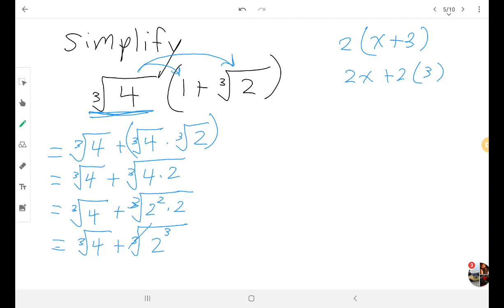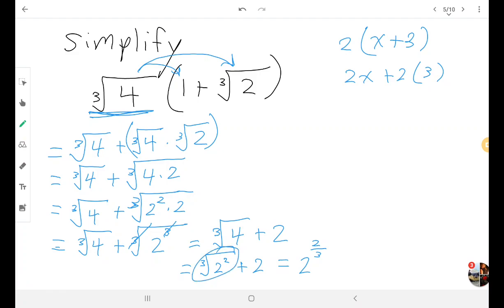And then a cube root cancels a cube. And so I've got the cube root of 4 plus 2. And maybe I could change this to a 2 squared and call it the cube root of 2 squared plus 2. Or maybe I could even call it 2 to the 2/3.